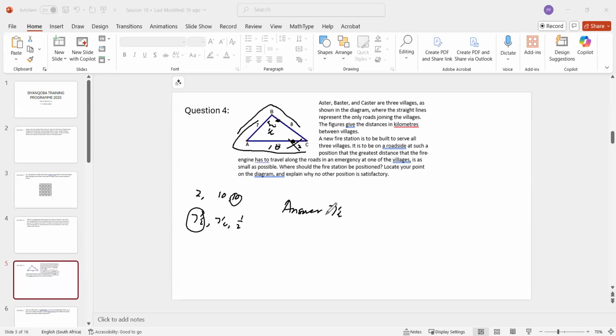So you have to build the fire station here, and they tell you to locate your point in the diagram, as I've done. That's your answer. And explain why no other position is satisfactory. All right, we have done all that.